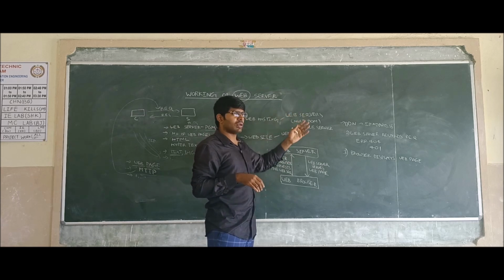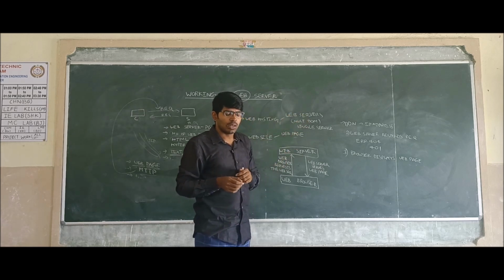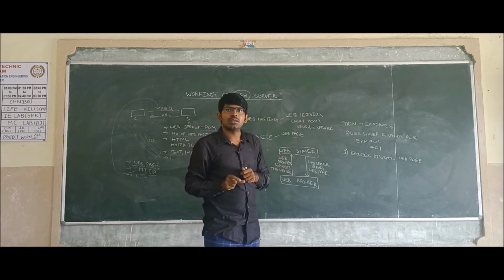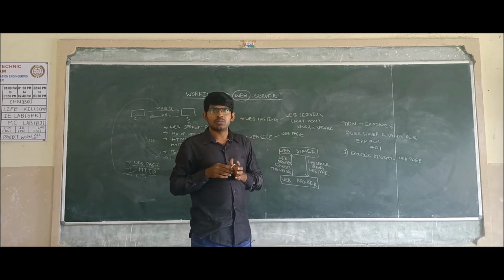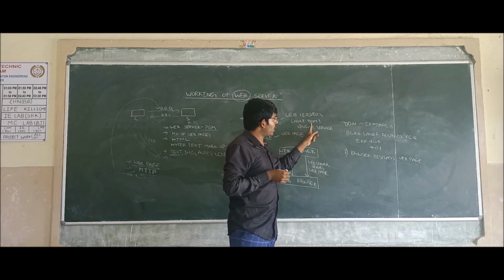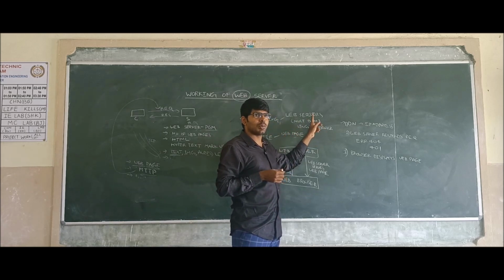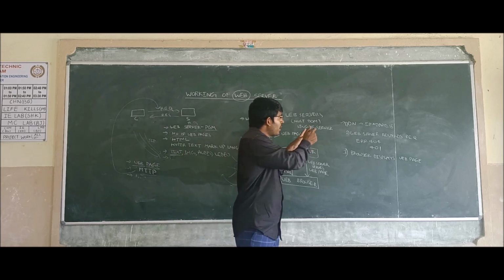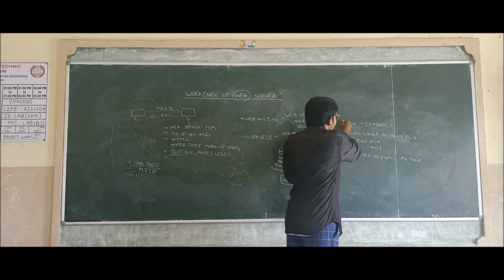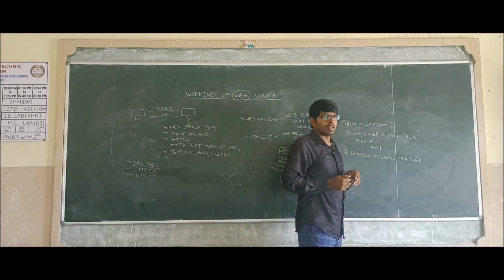In the web server, we have multiple domains. Each website has a particular IP address. So all these multiple domains are stored in a single server. The domain and its corresponding IP address we will get.